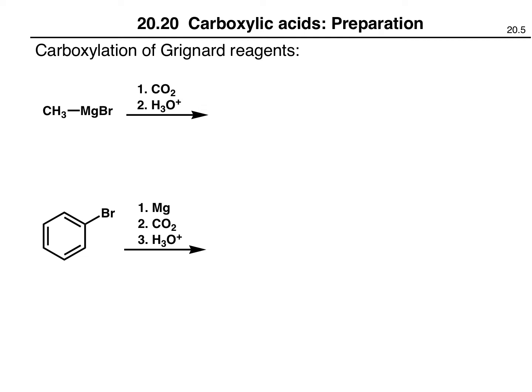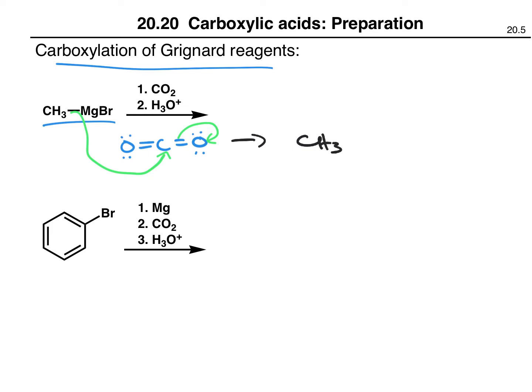Another method to prepare carboxylic acids that we've already seen is the carboxylation of Grignard reagents. So if we have a Grignard reagent, and this is reacted with carbon dioxide, the Grignard can add to the carbonyl carbon, push these electrons onto the oxygen. It doesn't matter whether we imagine it this way or this way.